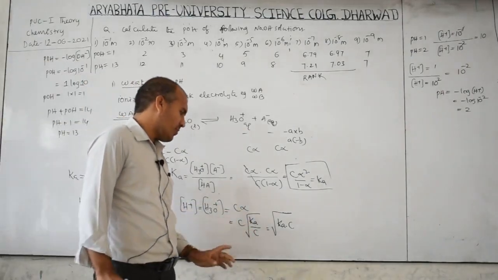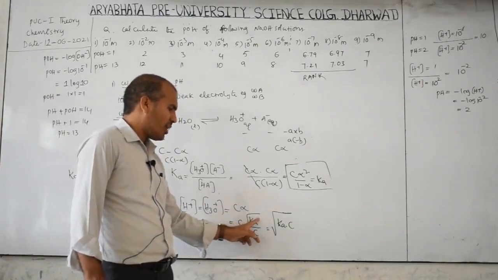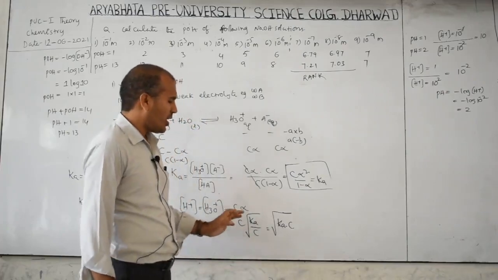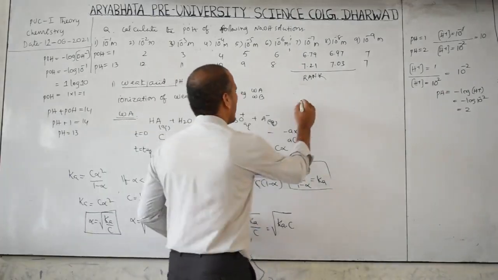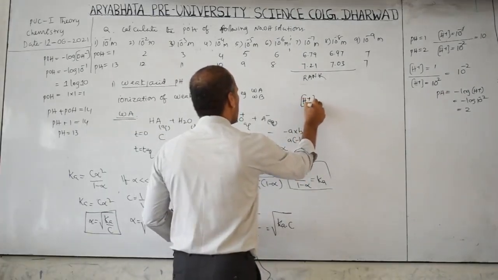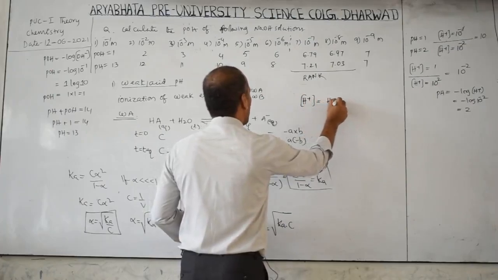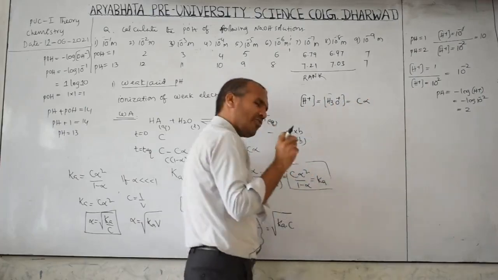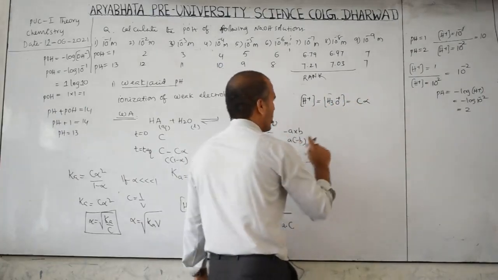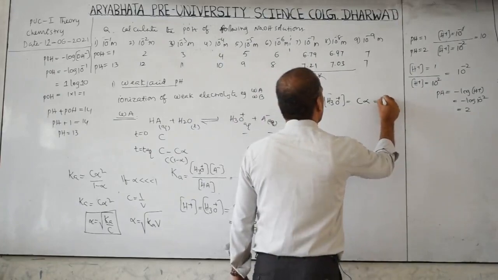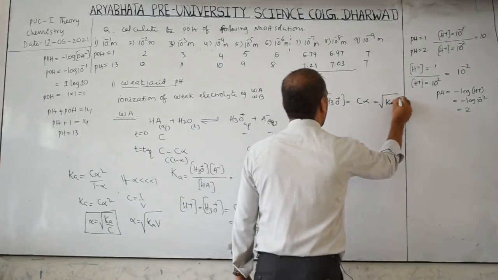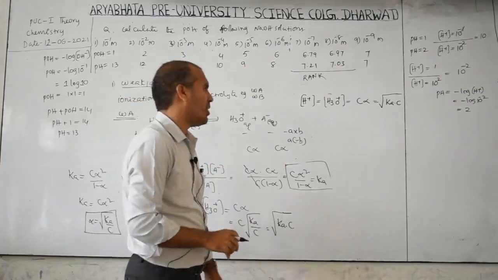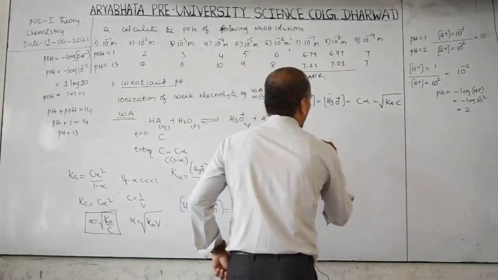Root of Ka by C. When C is outside, if you take that C square, 1 C cancels, then you get the root of Ka into C. Now we know that H+ ion concentration is equal to H3O+ ion concentration is equal to C alpha. If alpha value and concentration are given, use this formula. Otherwise, this is root of Ka into C. When Ka is given, compulsorily that is a weak acid. Keep in mind.